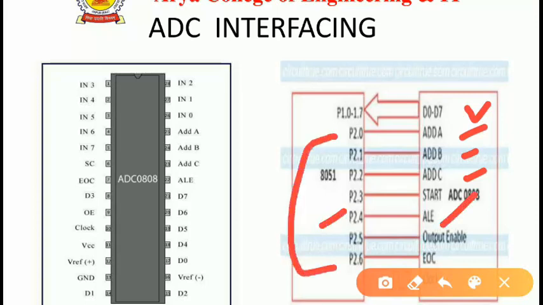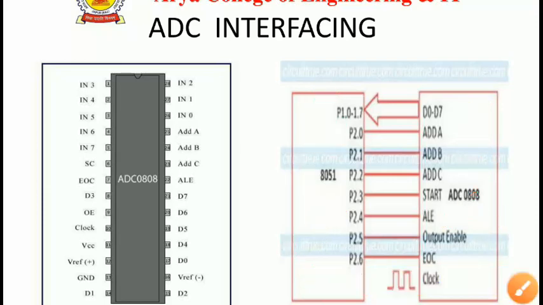These are the port P2, and this is for port P1. And this is the output enable of the ADC, and a clock pulse is also given to the ADC.